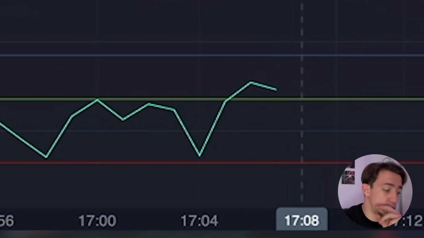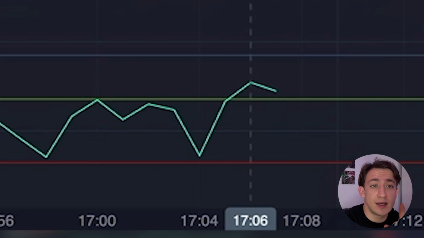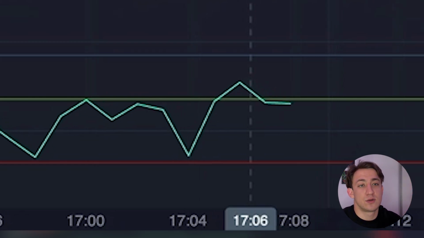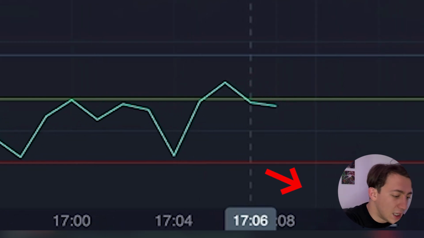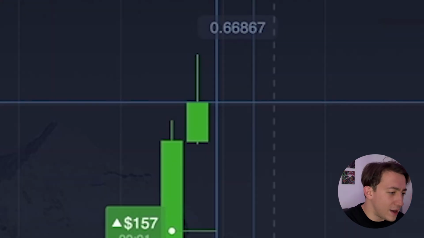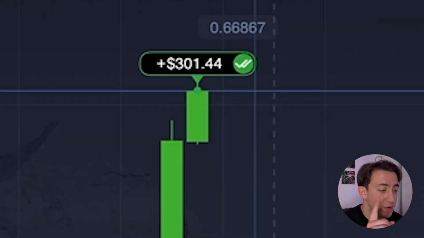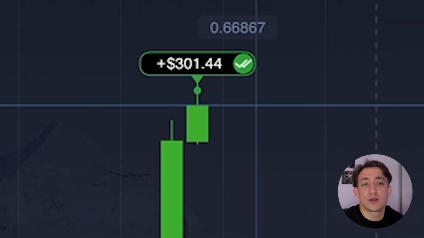If that blue line intersects one of the two lines, support or resistance, and is directed downward, it's a clear signal to enter a down trade. Oh my gosh, we got the first profit, $300 on my bank account.